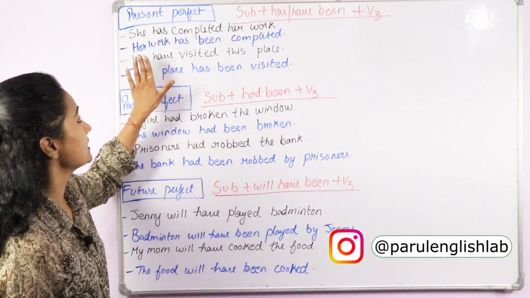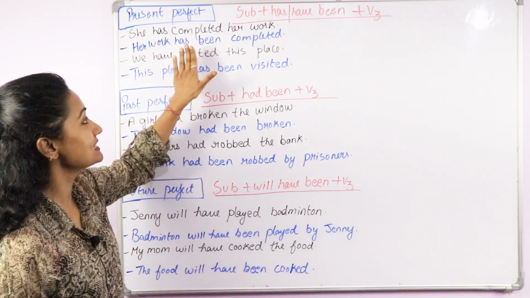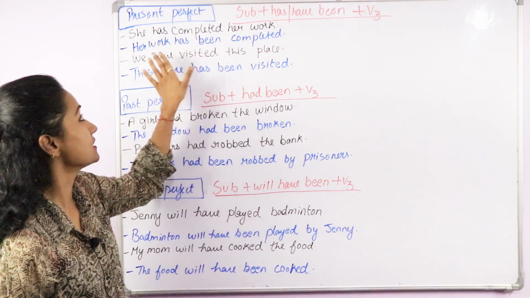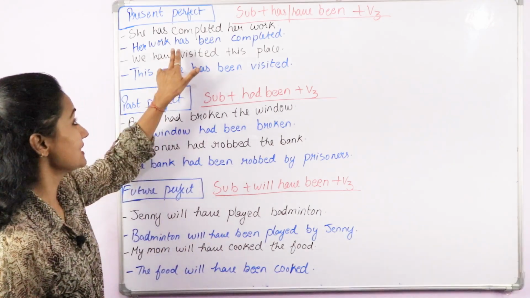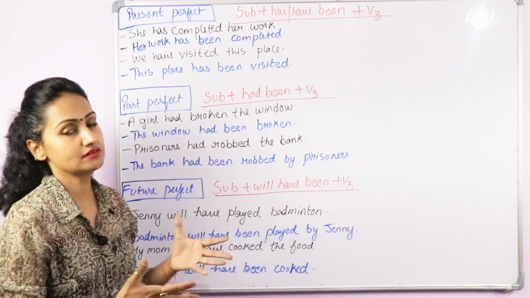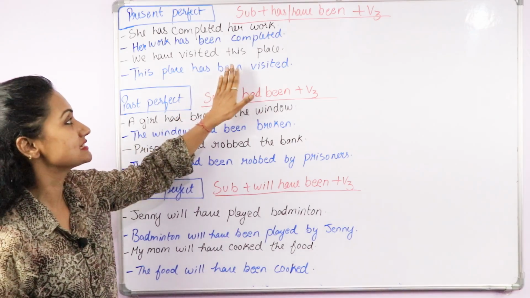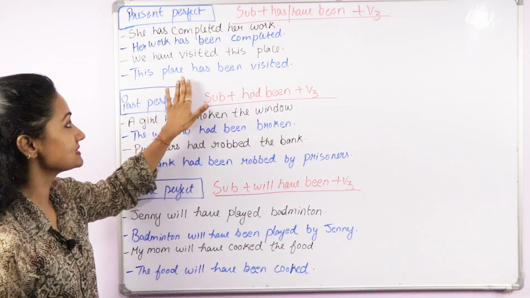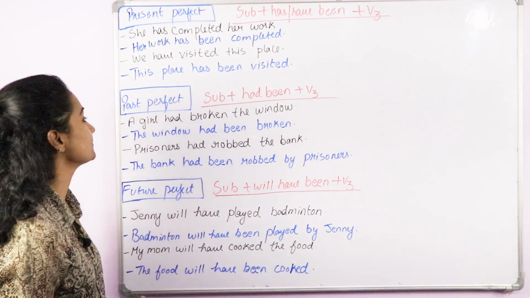Now passive: her work, object, her work has been completed. Her work, singular third person, it. So has, her work has been completed by her, that's optional. Next is we have visited this place. This place has been visited by us.